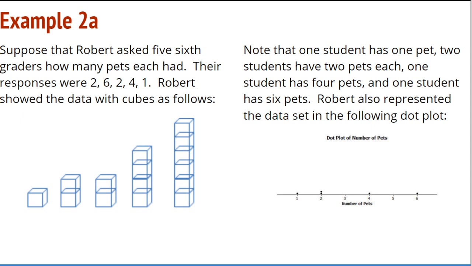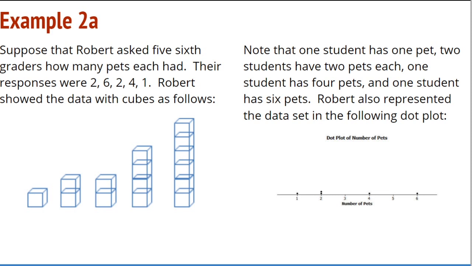All right, so moving back into what was in the math workbook here, and looking more at a visual model, we had a very tactile, concrete model there. We could move the paper clips around. We're going to look at this more as a visual or representational. So suppose that Robert asked 5 6th graders how many pets each had.